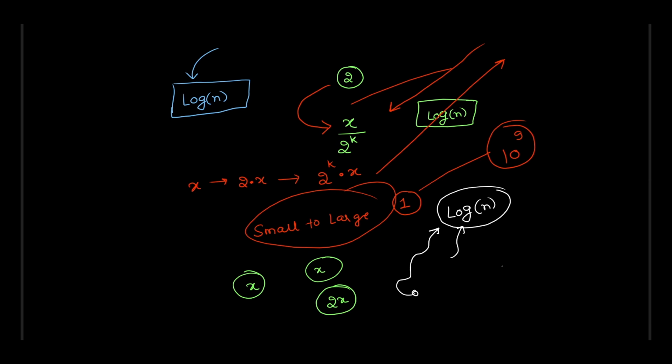And then you can see that you are doing repeated multiplication by 2, and that is why you make that argument that since you are doing repeated multiplication by 2, in just log n steps the total number of elements in your set will become n, and that is why the time complexity of small to large merging is O of n log n, and people find it very hard to believe.